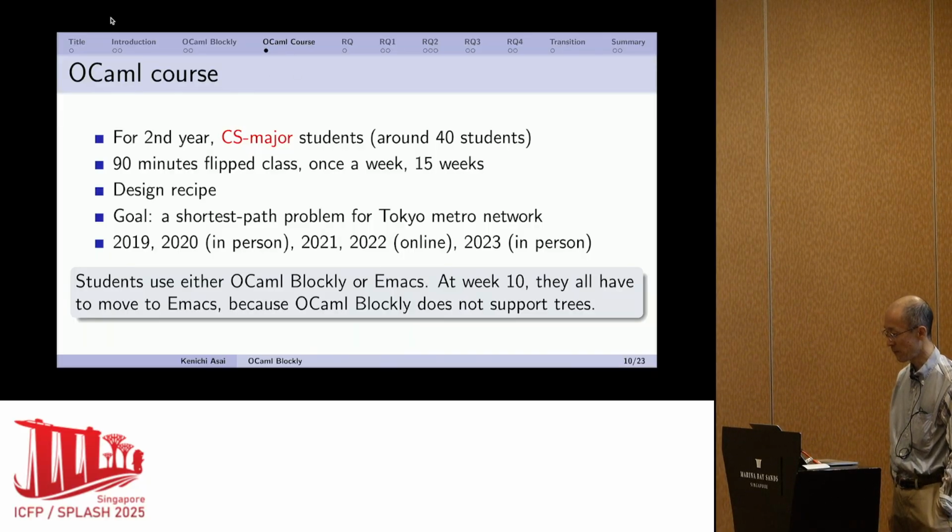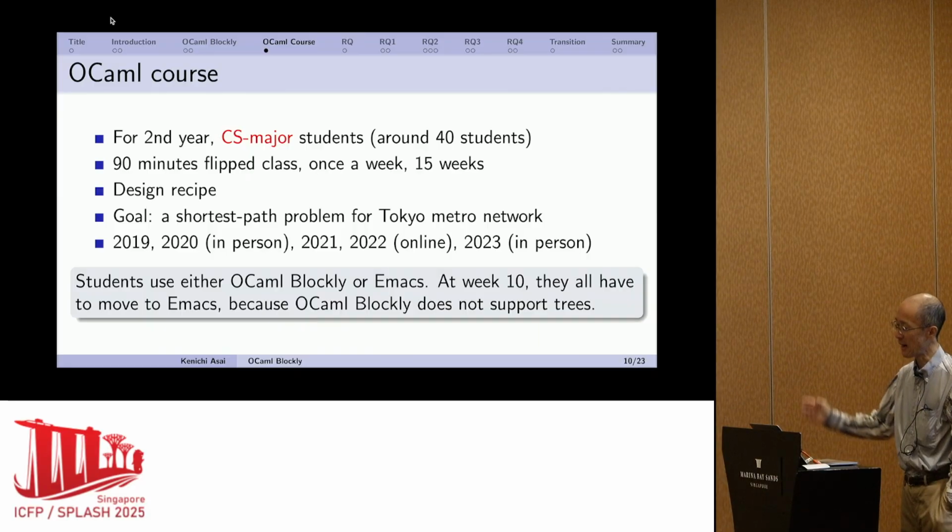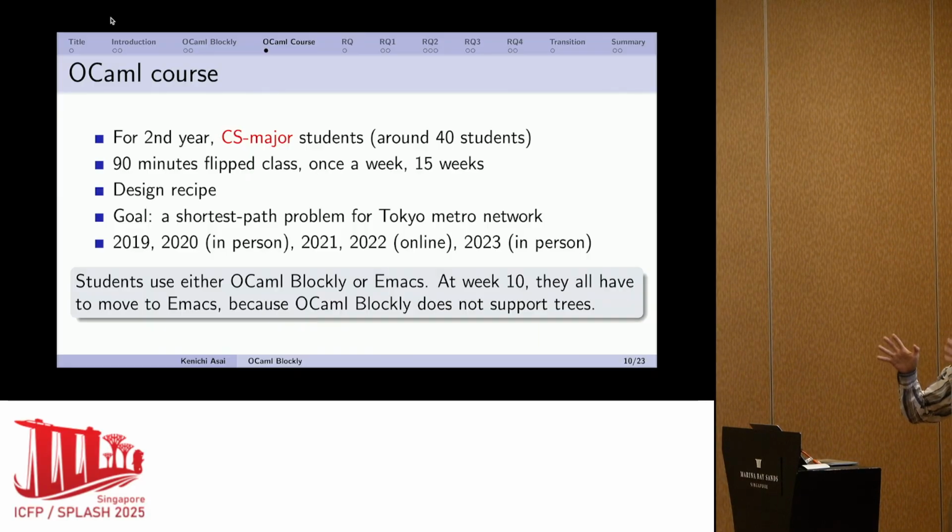I introduced OCaml Blockly in 2019. Students either use OCaml Blockly or Emacs equipped with Tuareg mode and Merlin mode. But at week 10, they all have to move to Emacs because OCaml Blockly does not support variants, so we cannot program with trees.